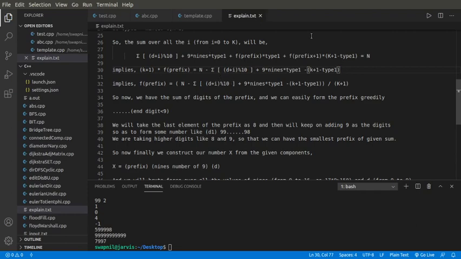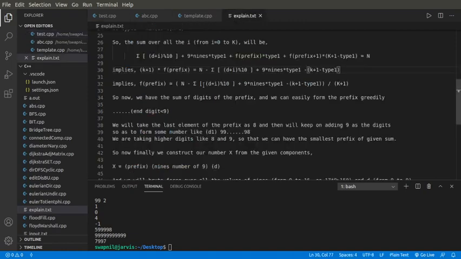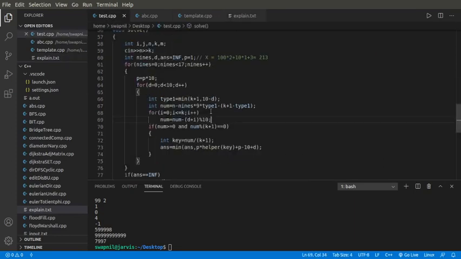Okay, so this is the thing, and we have found the numerator over here, and the numerator will also have some subtractions, which are the summation of the last digits. I mean this term, the summation of the last digit over all the i's, where i ranges from 0 to k.